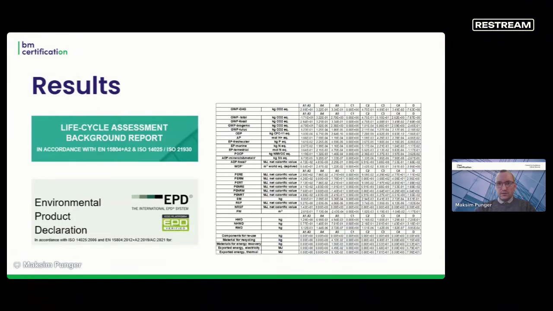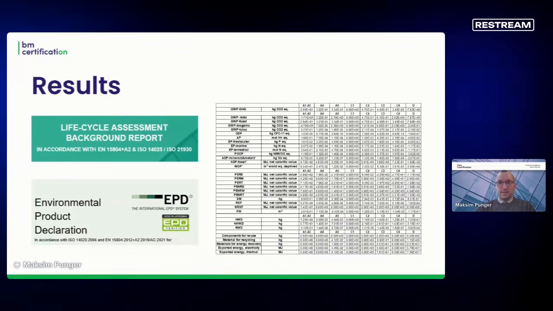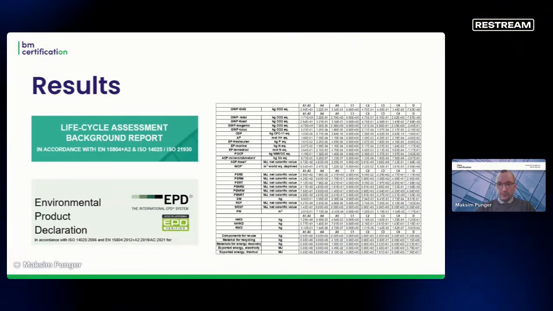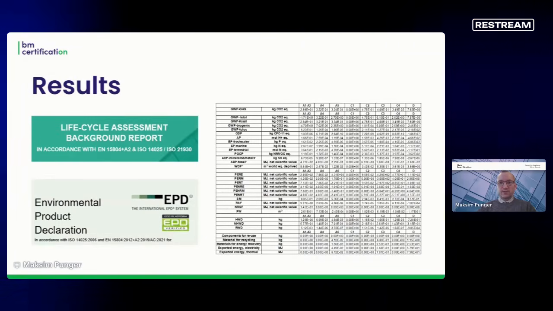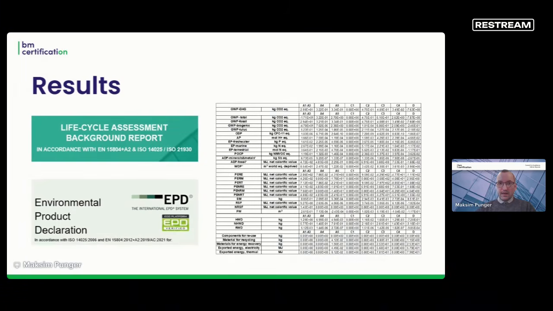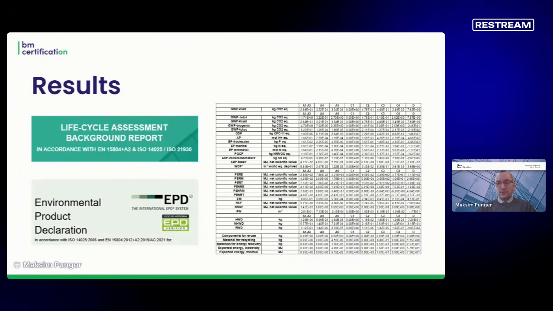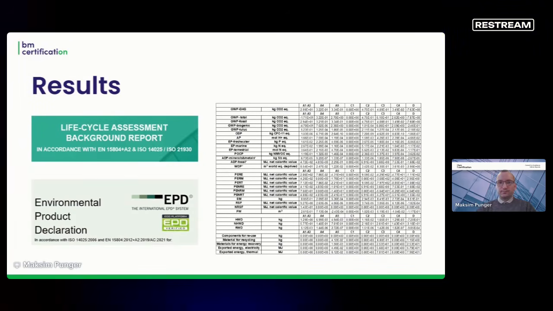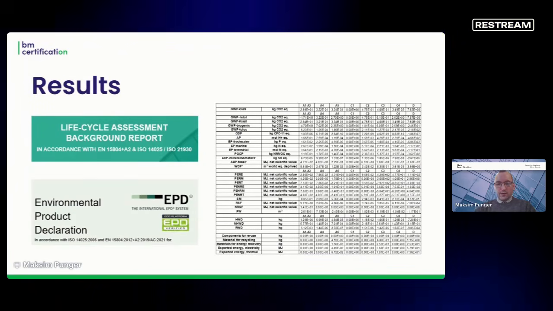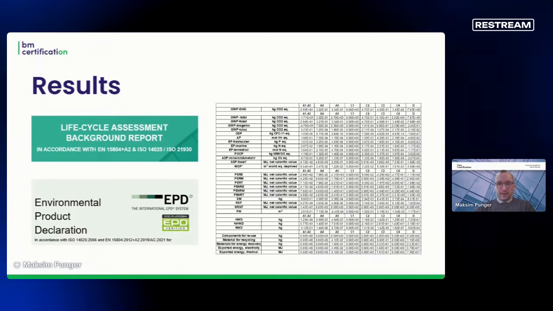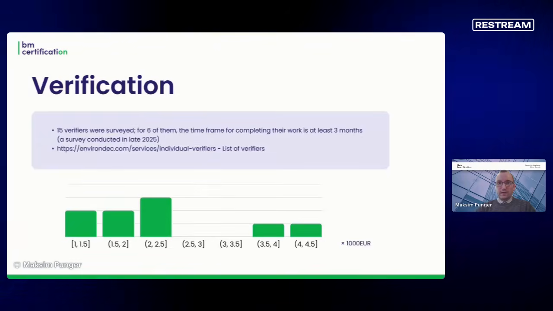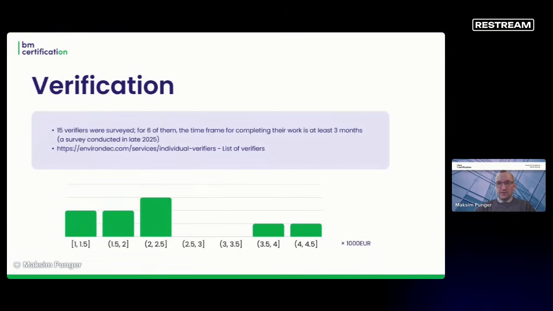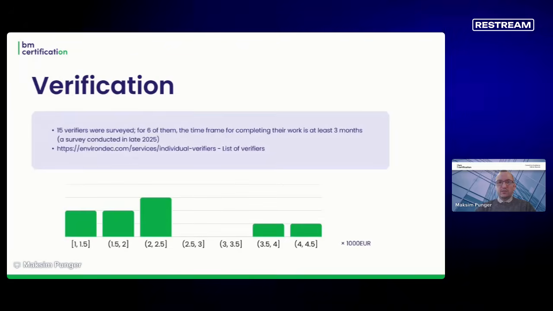And the results will be the life cycle assessment report. Based on that report, the environmental product declaration is established, and we have a main table with the results. As we have already established the EPD, we can register it at the platform. When it's registered, it shall be sent to verification.